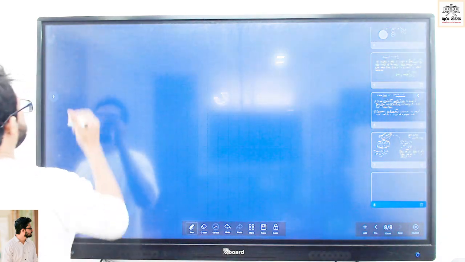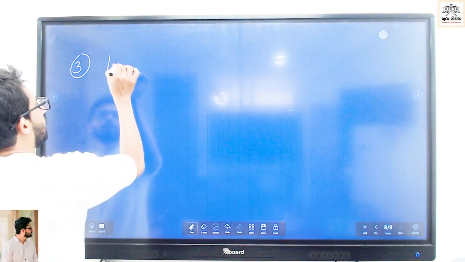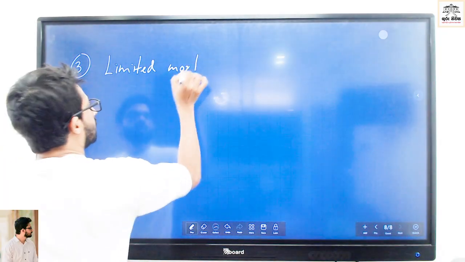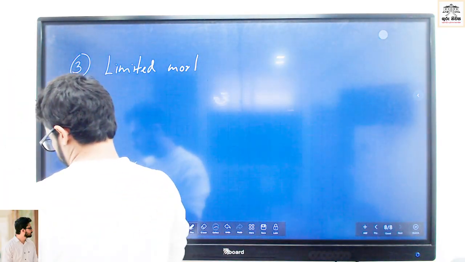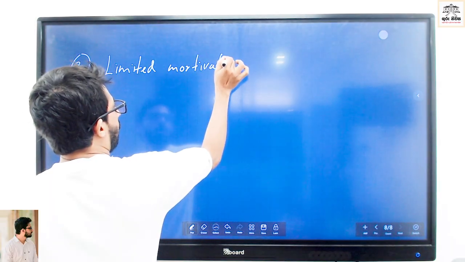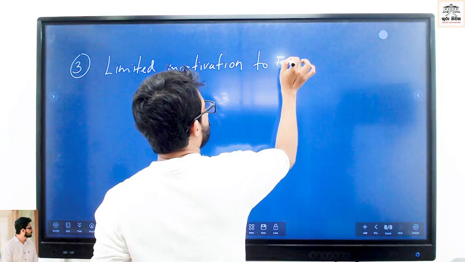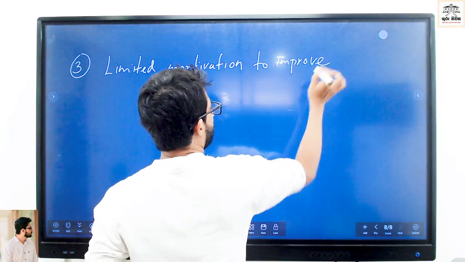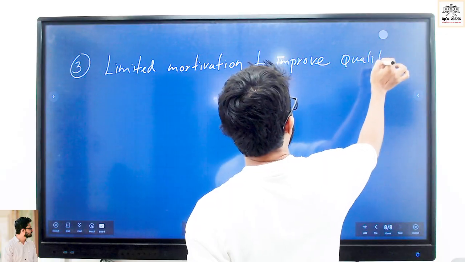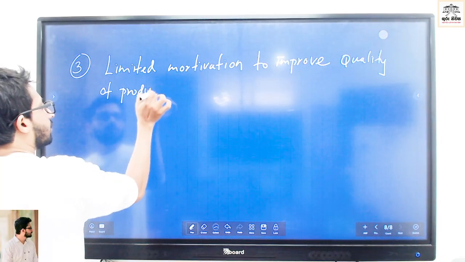Third point, write down limited motivation to improve quality of product or output.